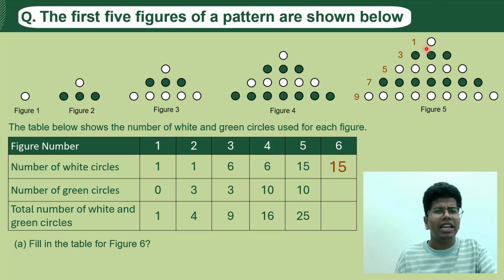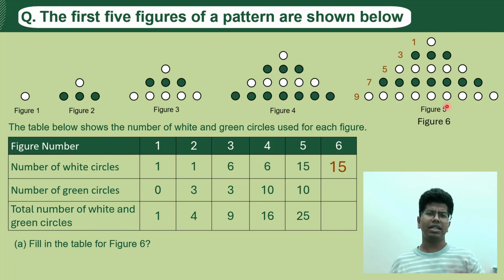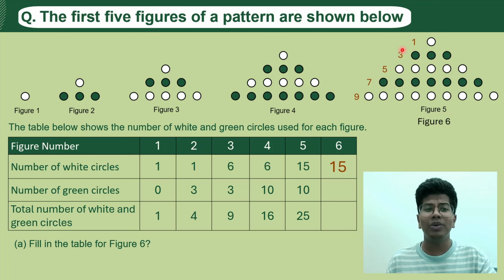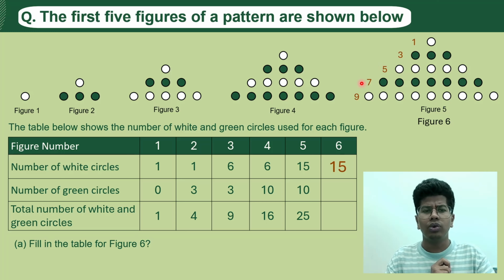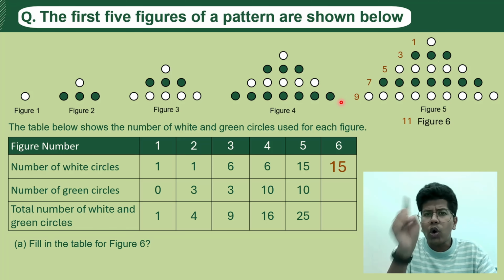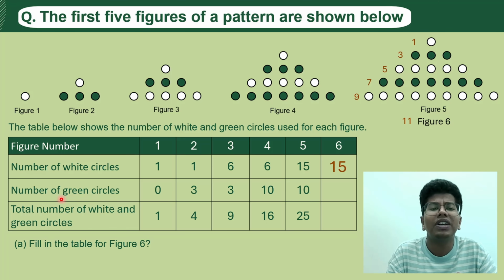Can you observe anything in the number of circles? See, 1, 3, 5, 7, 9. So in figure 6, how many circles will there be? Yes, we can observe the difference between the numbers is just 2. So if the difference is 2, from 9 to figure 6 it is 11. But the question is not asking how many circles, it's asking for the number of green circles.